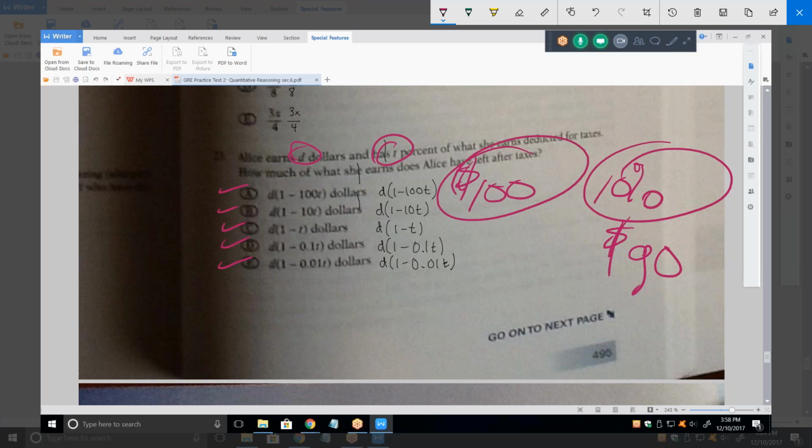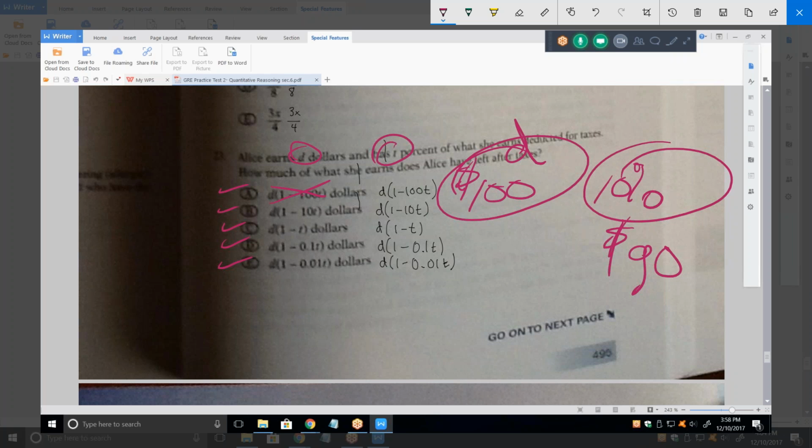D is 100, so 100 times 1 minus 100. No, wait, 10% has to always be converted to a decimal. So 0.1. Okay, 0.1 times 100 is 10. 1 minus 10, that doesn't work.